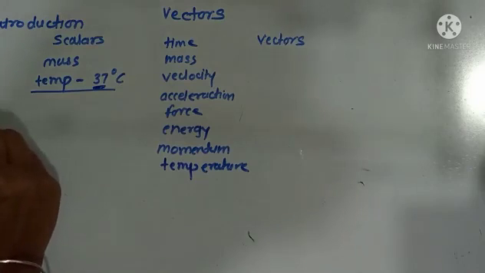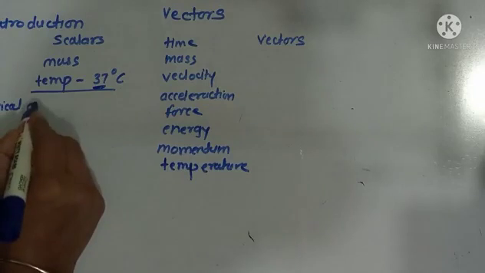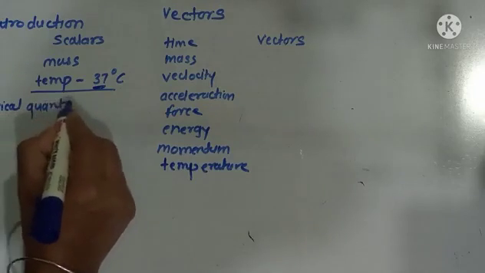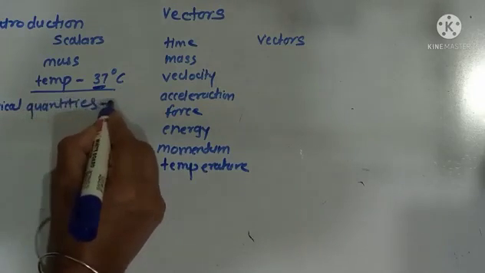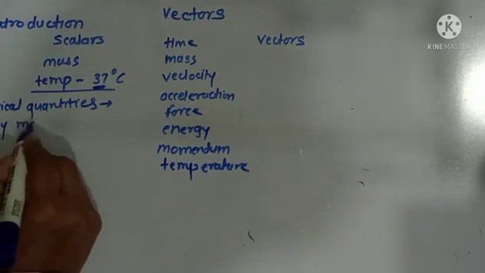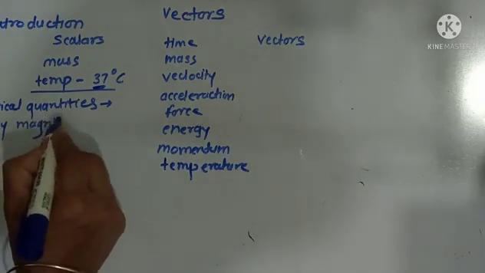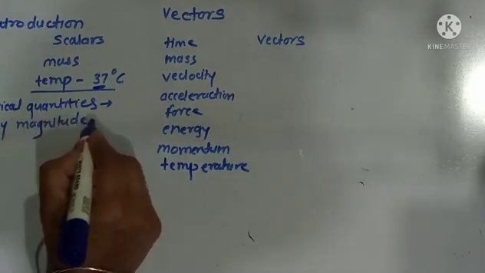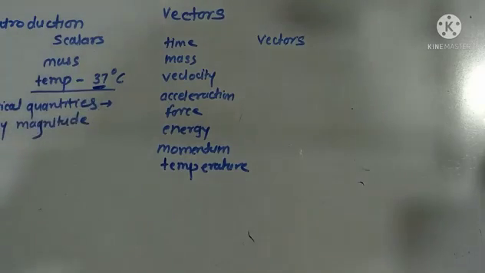I'll write it here. Physical quantities which require only magnitude for their complete specification are called scalar quantities.